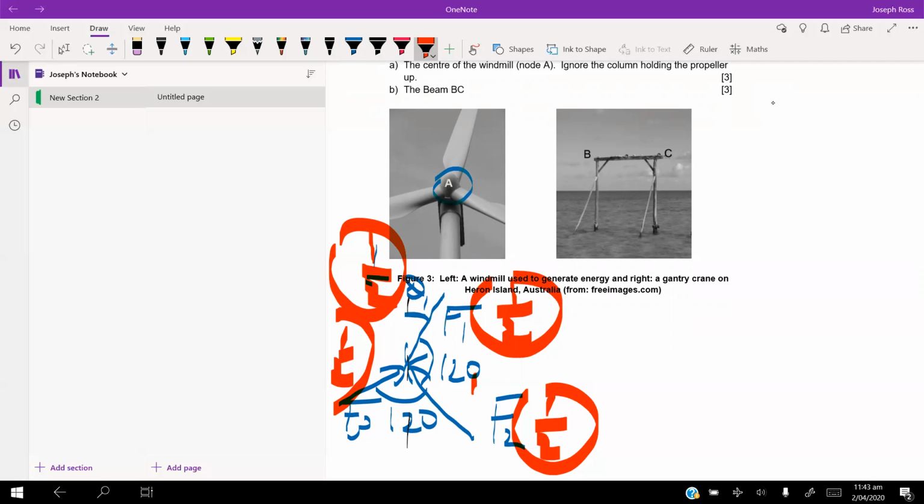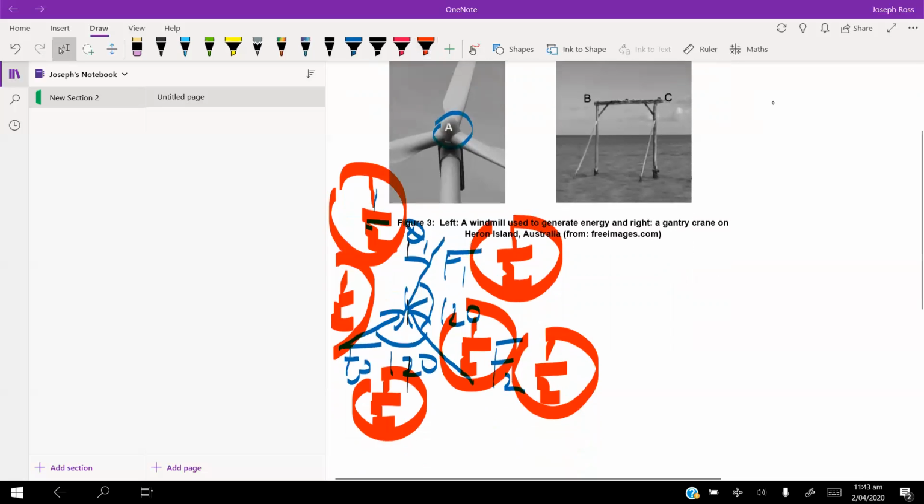So these two 120 degree angles will be half a mark each. You don't necessarily need to say that they're 120 degrees, but you at least need to say that those angles need to be found in order to be able to, if we had to, do the calculations to find what F1, F2, and F3 are.